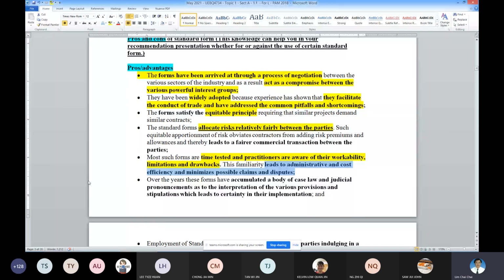I won't say prevent dispute, I say minimize claims and disputes in the administration of the project. And why can it be useful? Because a lot of interpretation is by judges, so a body of case law and judicial pronouncements has already been made. Everyone is aware of the interpretation of the wordings in the contract.